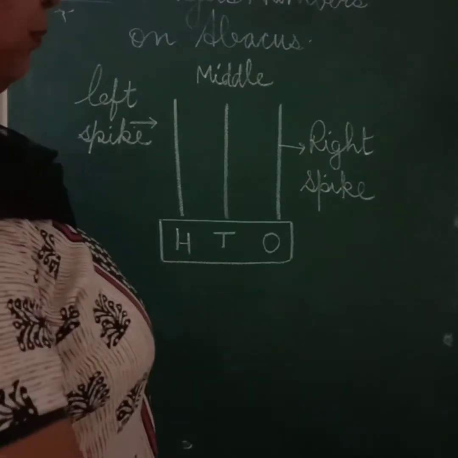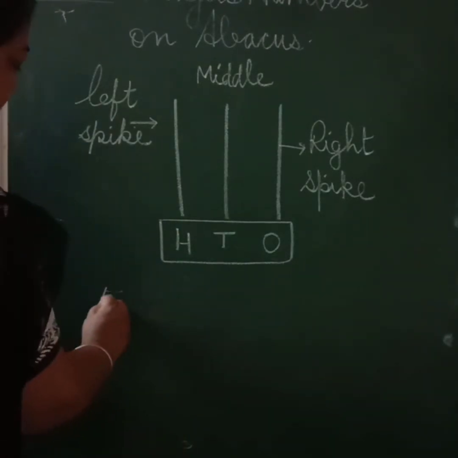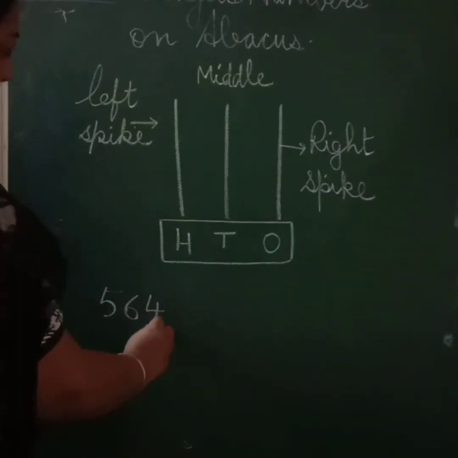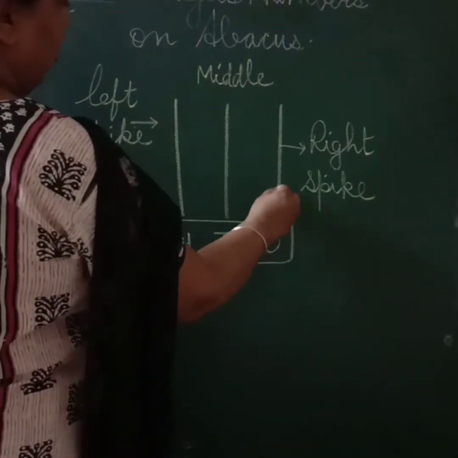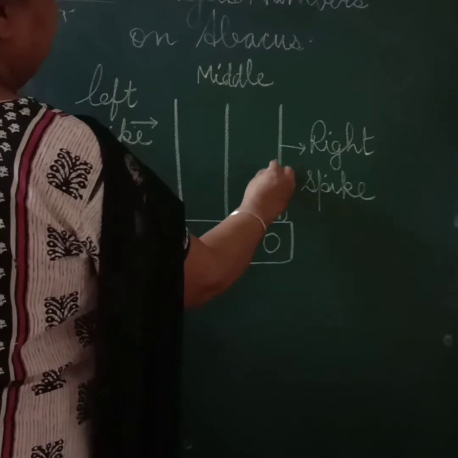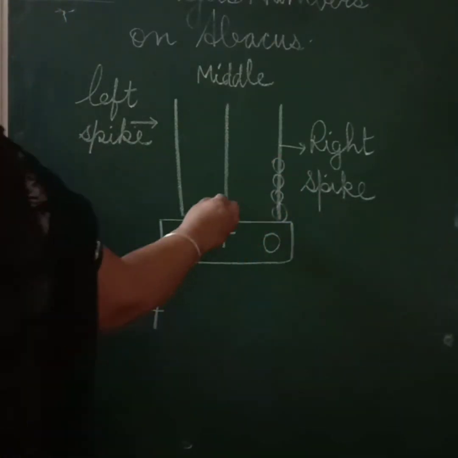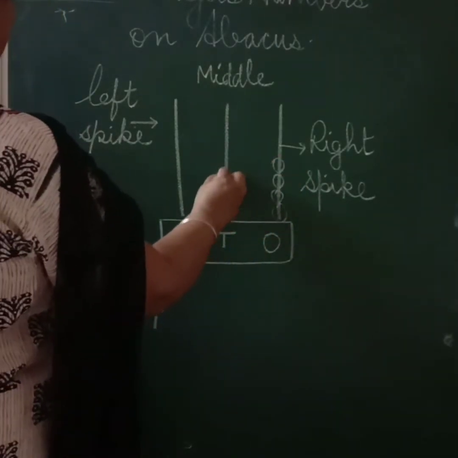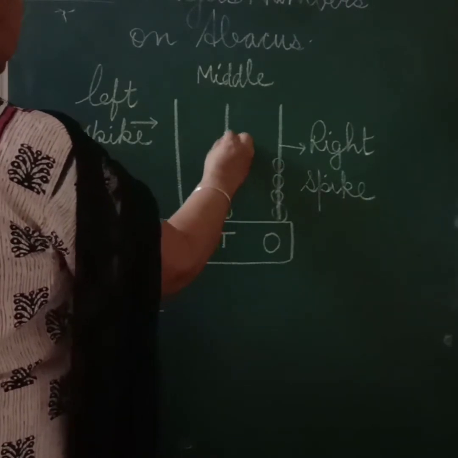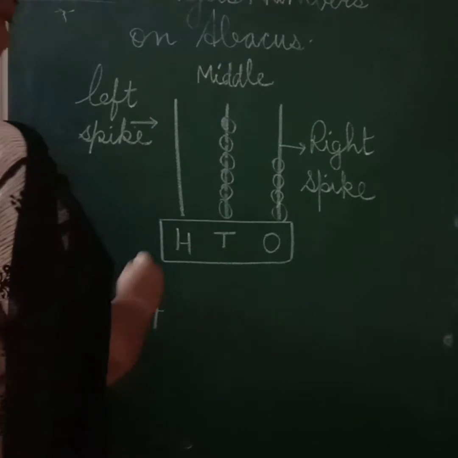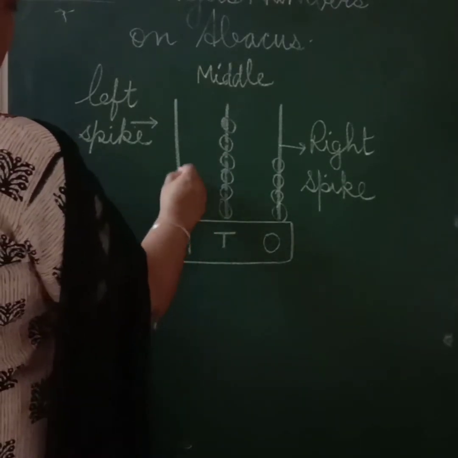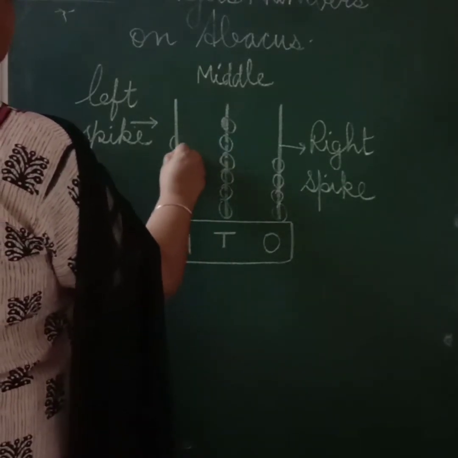Suppose I give you the number 564. So you have to draw 4 beads on this side, 6 tens, so you have to draw 6: 1, 2, 3, 4, 5, 6. And 5 on the hundreds place: 1, 2, 3, 4, 5.